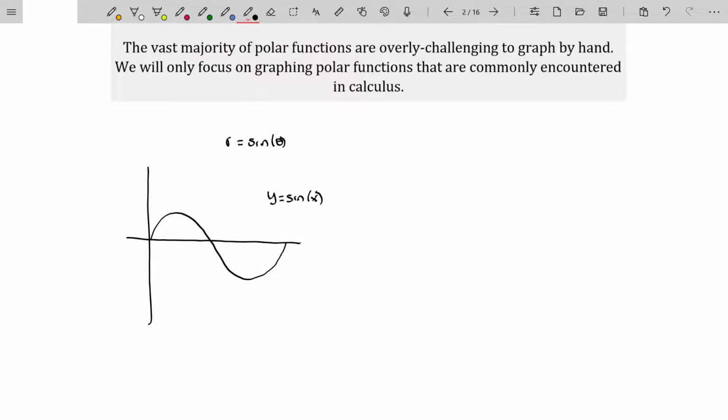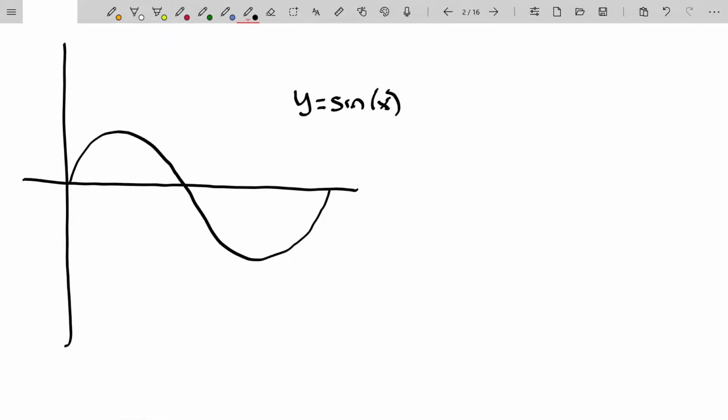So I've graphed y equals sine of x in the rectangular coordinate system. There's 2 pi, and we have pi as well, and pi over 2. We also have 3 pi over 2. You don't have to label all these points, but I'm just showcasing what they are.